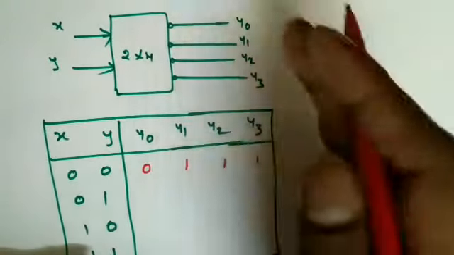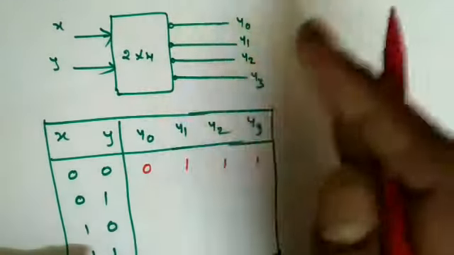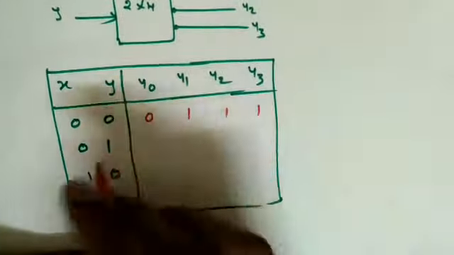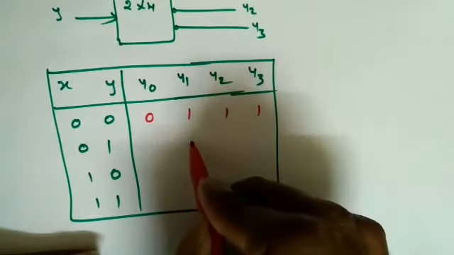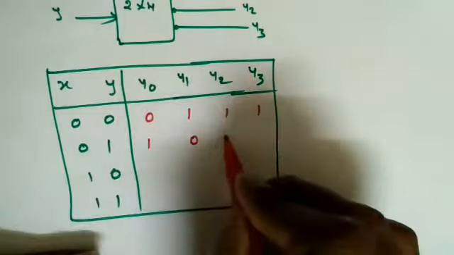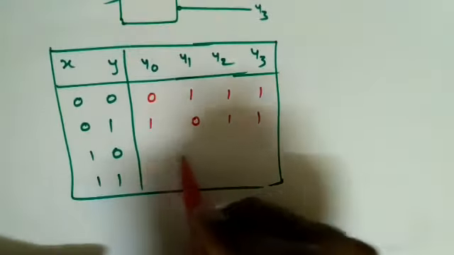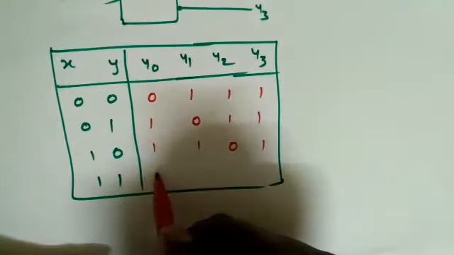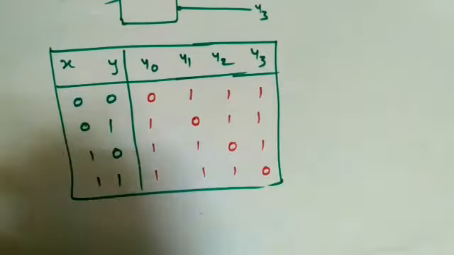Generally if there is no bubble, we say active high inputs or active high outputs. So this is the other way we are designing. So 0 1 means again the subscript is 1. So at this position the function value is 0, the remaining positions 1. Similarly 1 0, here 0, the remaining positions 1, here 1 1 1 0.